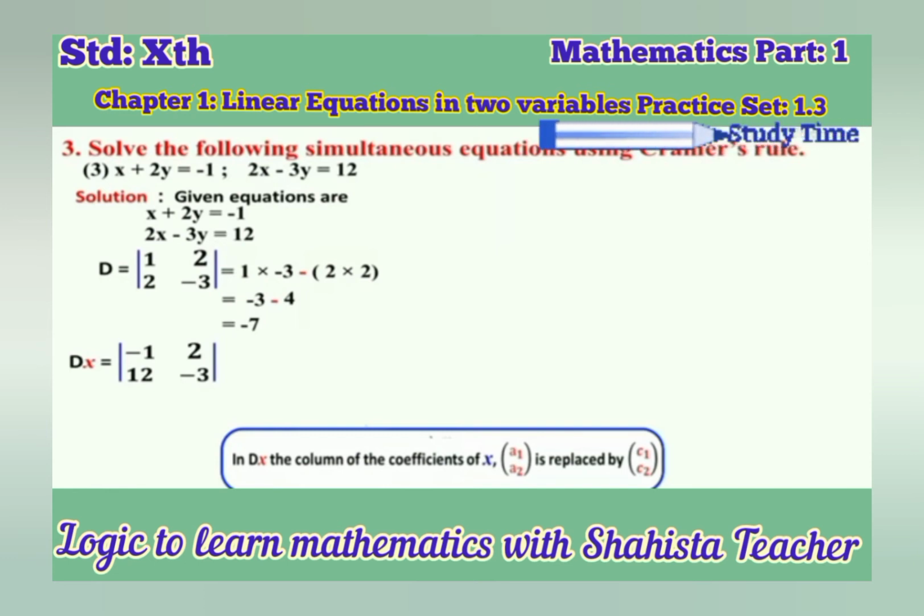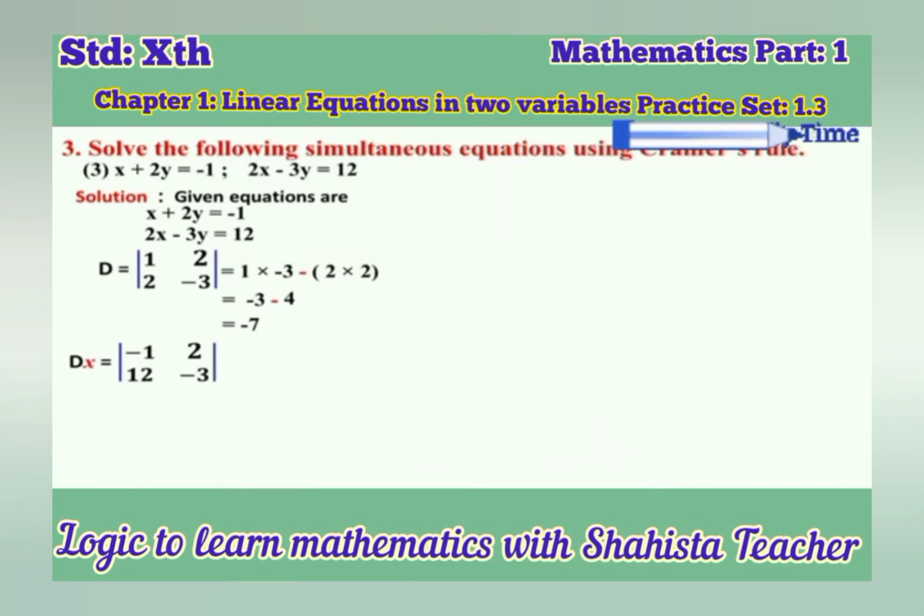A1 upon A2 is replaced by C1 upon C2. Now here minus 1 multiplied by minus 3 minus, make a bracket, 2 multiplied by 12. Now minus minus is plus, so 3 ones are 3, minus 2 12s are 24. So 3 minus 24 is minus 21. So dx is minus 21.